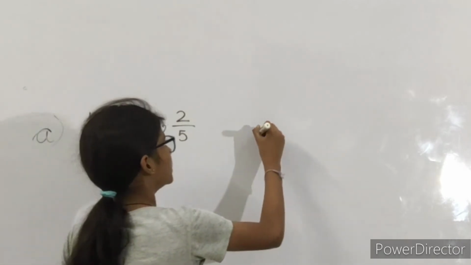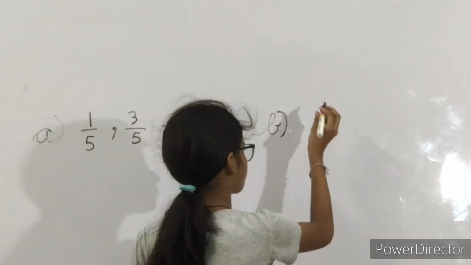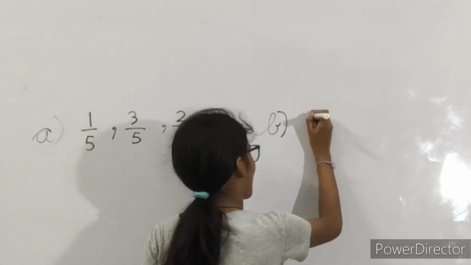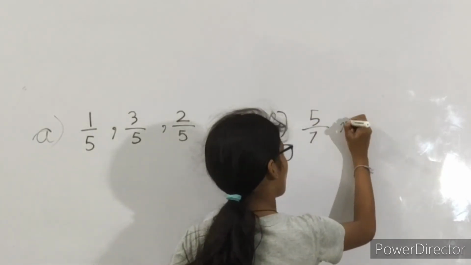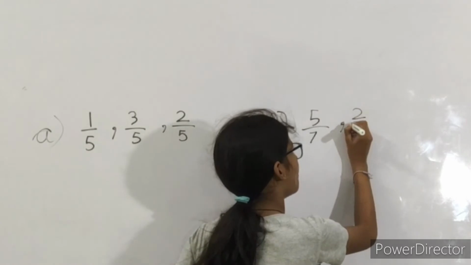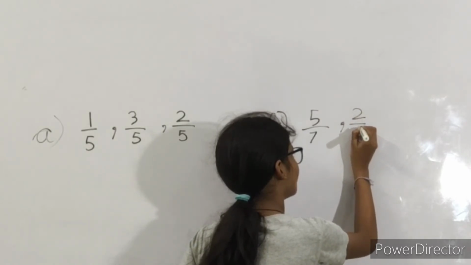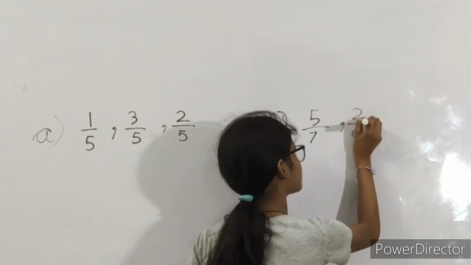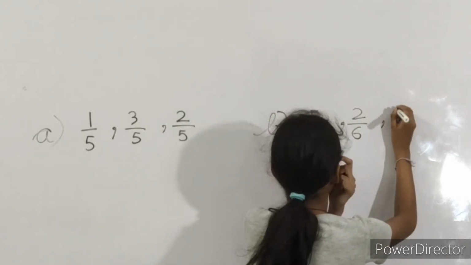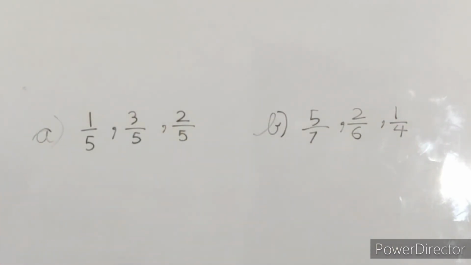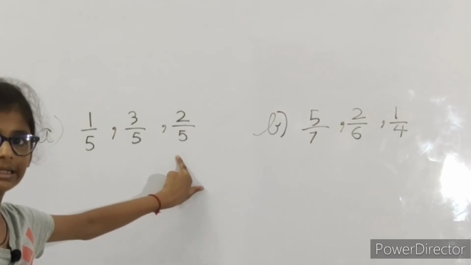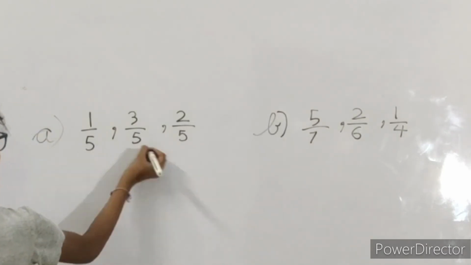Okay, and the B group is 5/7, 2/6 and 1/4. So in the first group you can see the denominators are same.